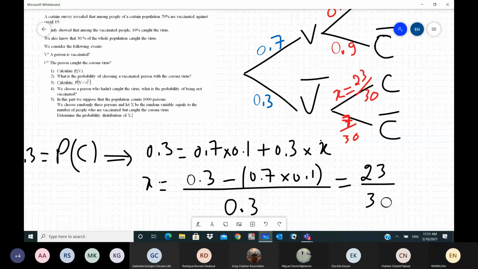Understood? Okay, now it got in my head. If you know any other word in English which has the same meaning as among, it will cause the same tree diagram. So if I tell you out of those who took the vaccine, 10% caught the virus, it's the same, correct? Correct, sir. You have to pay attention, this is an English story, not a math story. Afterwards it becomes math.